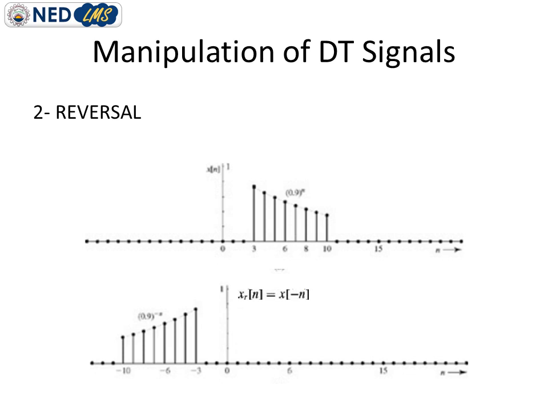But if we reverse the same sequence about the horizontal axis, we get minus x of n. So there is a difference in how we are reversing a signal, whether reversing the time axis or the signal values. Reversal is basically reversal about the vertical axis. I hope these two manipulation techniques are quite clear to you.